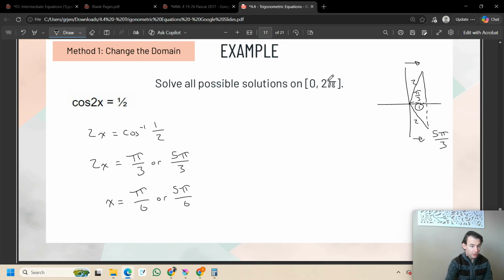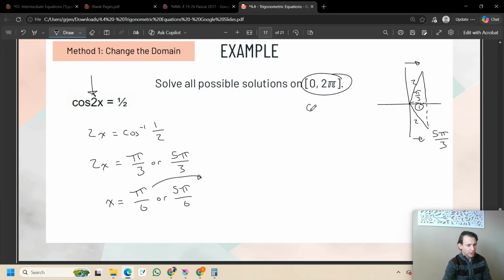No, you're forgetting that you have more solutions. I'm not forgetting. I was doing that for dramatic effect. We have more solutions now because we just doubled the frequency. We squeezed the period, right? So now we have double our solutions. So what I would do is just look at this on a bigger domain.